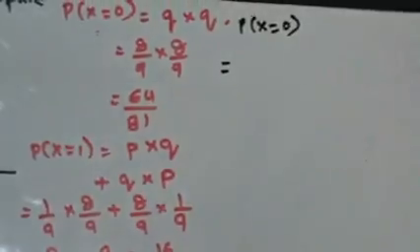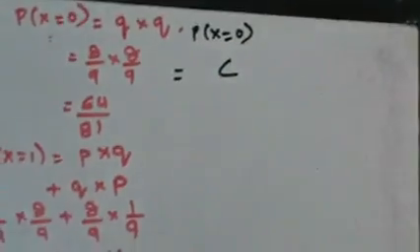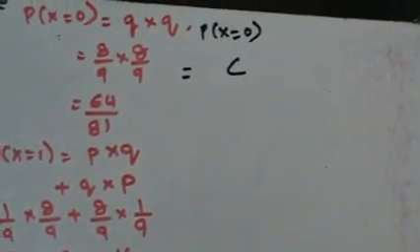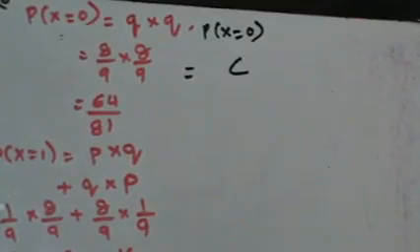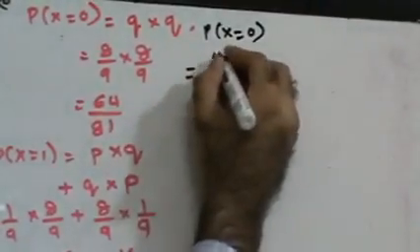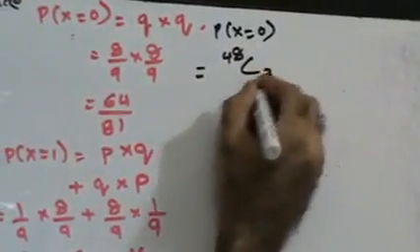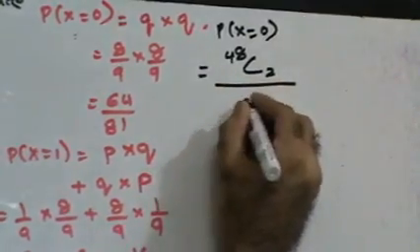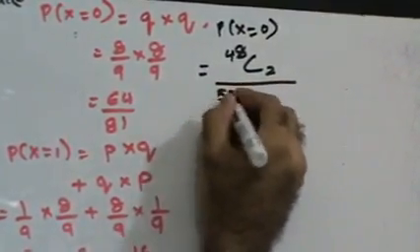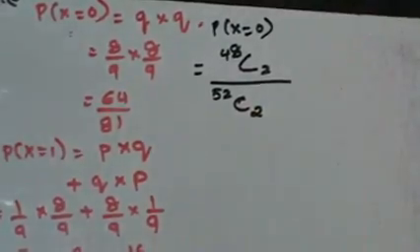Probability of x is equal to 0. That means I get 0 queens. Now, if I'm getting 0 queens, that means I'm going to select cards from non-queens. There are 48 non-queen cards in a pack, out of which 2 have to be selected. And there are 52 cards in a pack, out of which 2 have been selected.